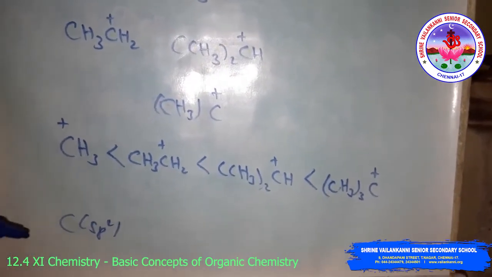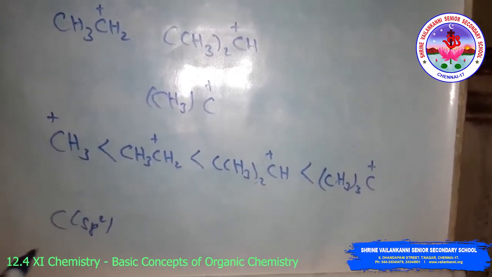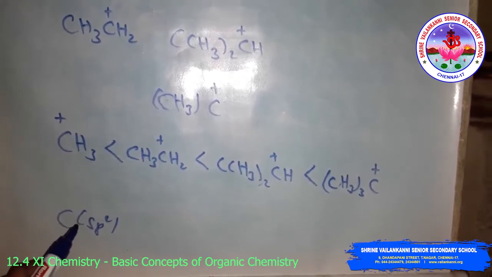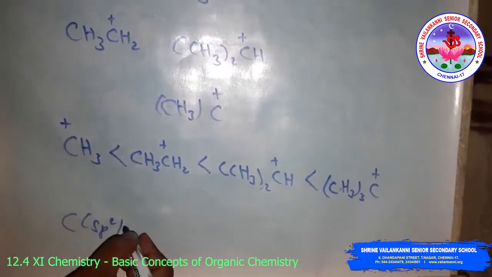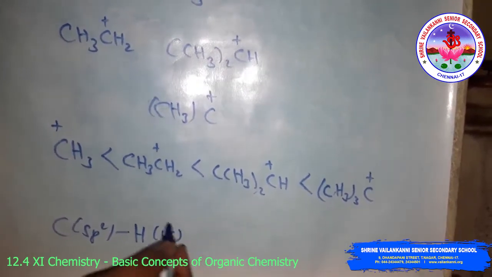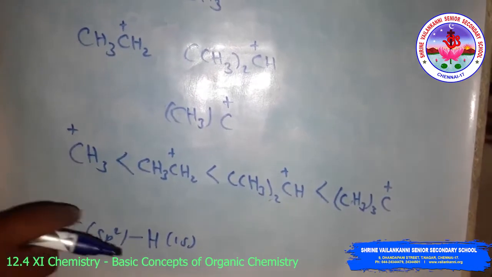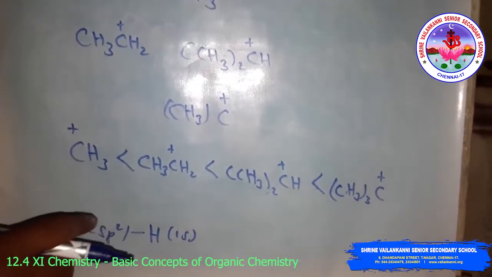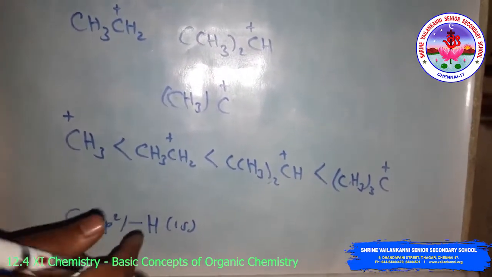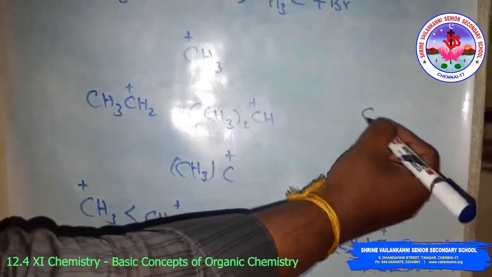So each bond may be represented as a C sp2-H 1s sigma bond. The remaining carbon orbital is perpendicular to the molecular plane and contains no electrons. So we can write it like this.